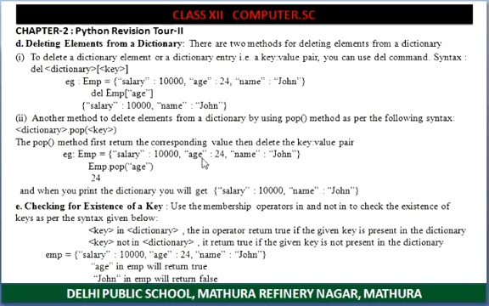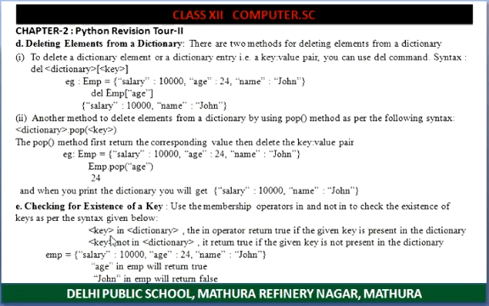If we are going to delete the age 24 pair, then you have to write emp.pop(age). First it will display the value 24, then delete the age 24 pair. If you print the dictionary, then it will display the output salary 10,000, name John. So age 24 is deleted.